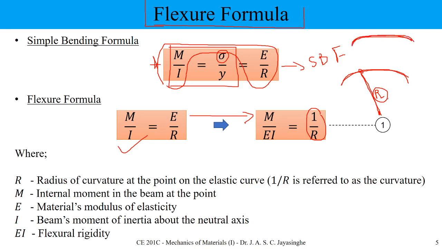Due to that, our r is normally very huge. If r is huge, 1 over r is almost going to zero. If r is infinite, of course it's zero, the straight line. 1 over r is finite, but not actually 0, it's almost near 0.